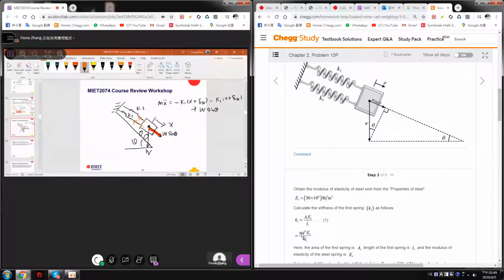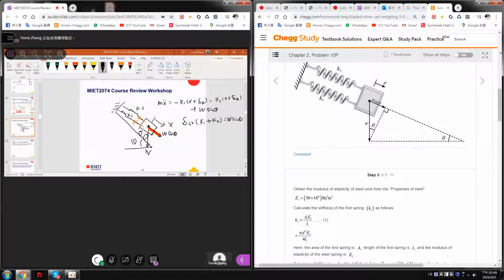So when in equilibrium, you will get k1 plus k2 times delta st equal to W sine theta.